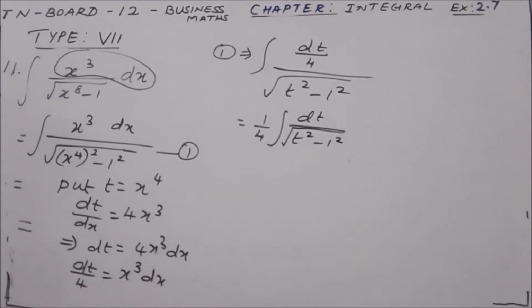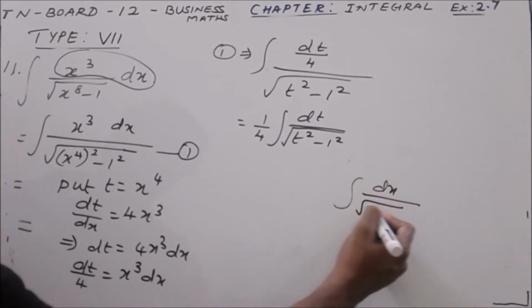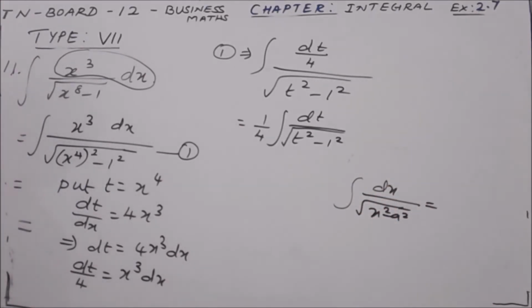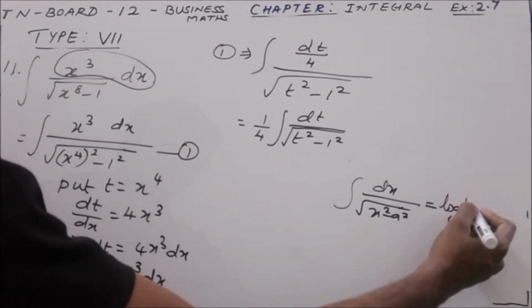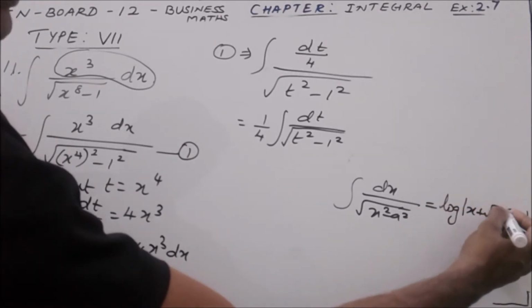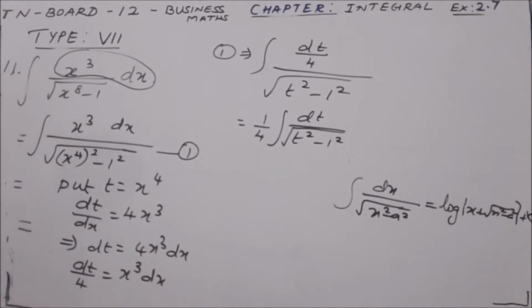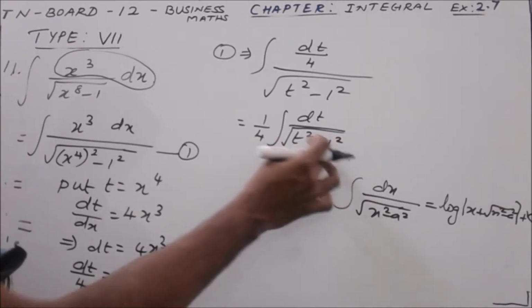Now we are in the formula of root of x square minus a square. Now by using the formula, integral dx by root of x square minus a square equals log of modulus of x plus root of x square minus a square plus c. Here instead of x square we have t square, instead of a square we have 1 square.